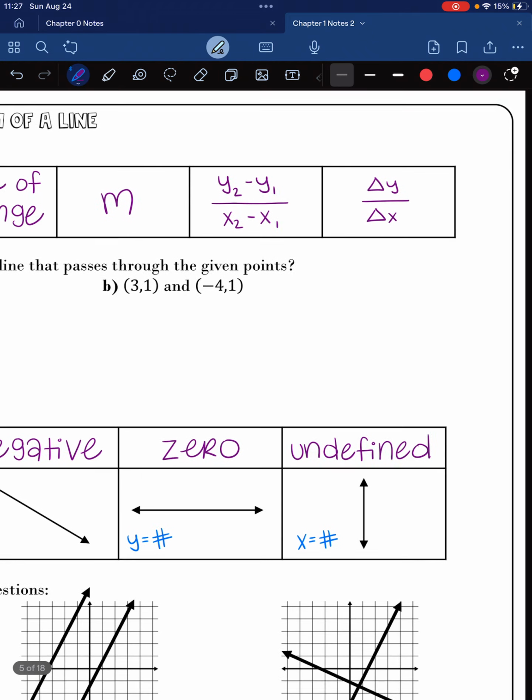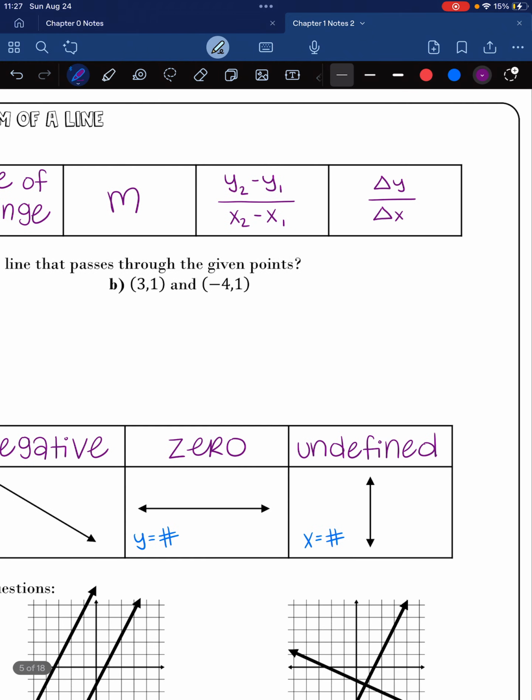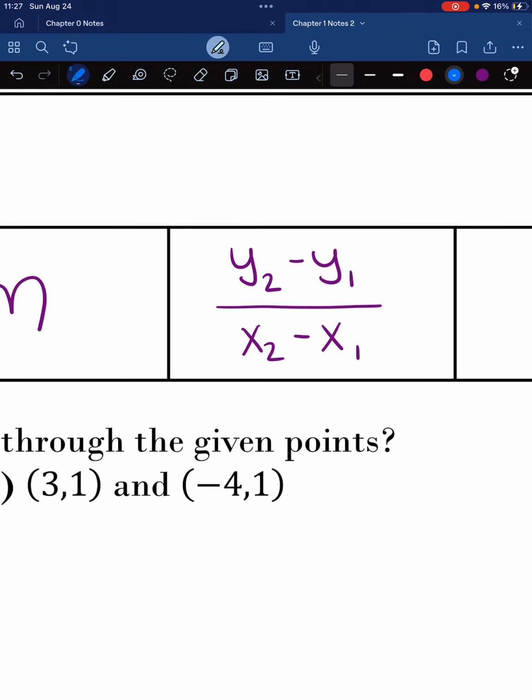And then we can calculate that using this slope formula, where we can take any 2 points on a line. So y1 and y2 and x1 and x2 are just from any point on our line. Again, we're figuring out what is the rate of change.